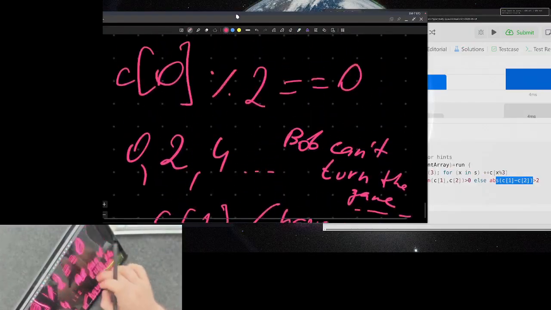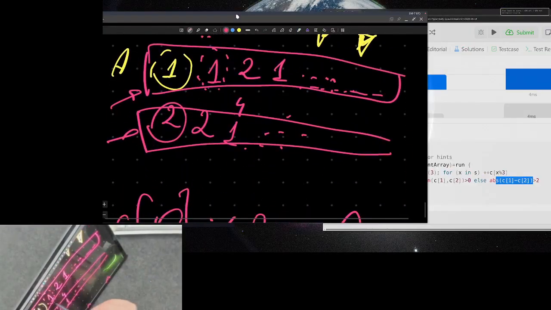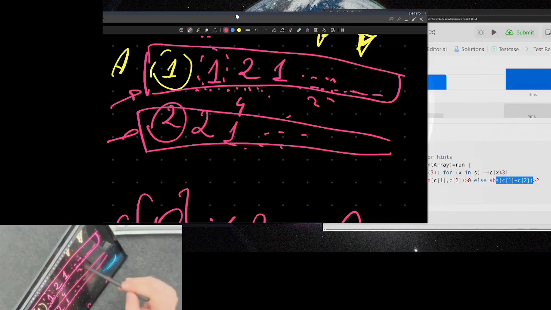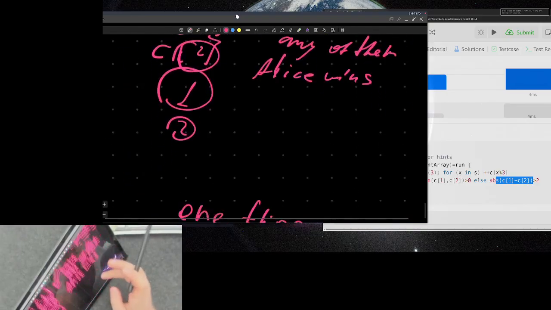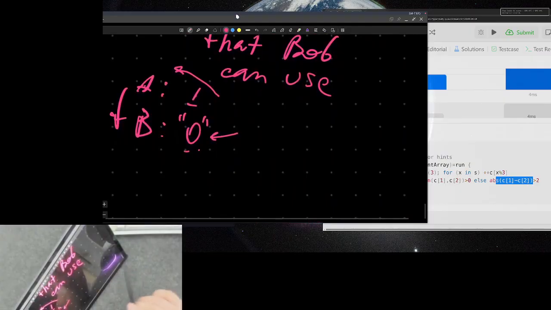Basically, if we have too many ones or too many twos, she can force Bob to pick the ending trailing twos that would make Bob's result divisible by 3, or trailing ones that would make it divisible by 3. So this is the logic behind it.